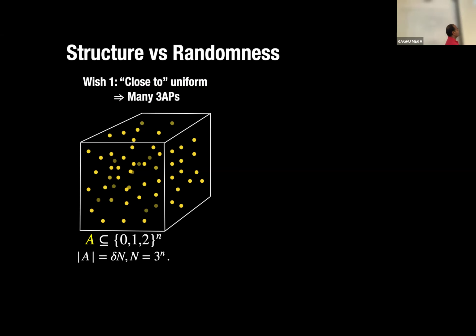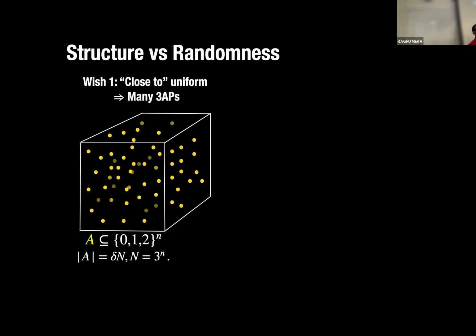So the first wish we are going to make is that maybe this calculation doesn't need the set A to be completely uniformly random. Maybe this argument is robust enough to apply even when the set A isn't completely random, but is close to a distribution where each element is chosen independently with probability delta.